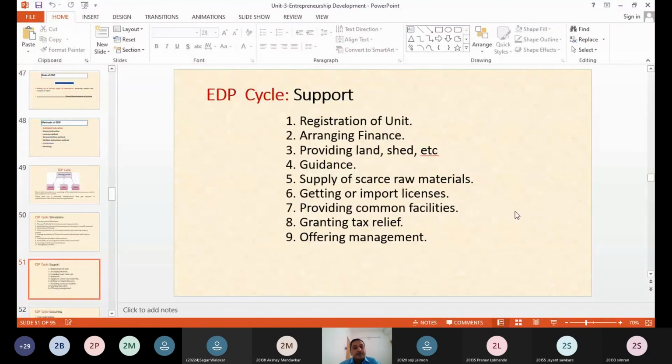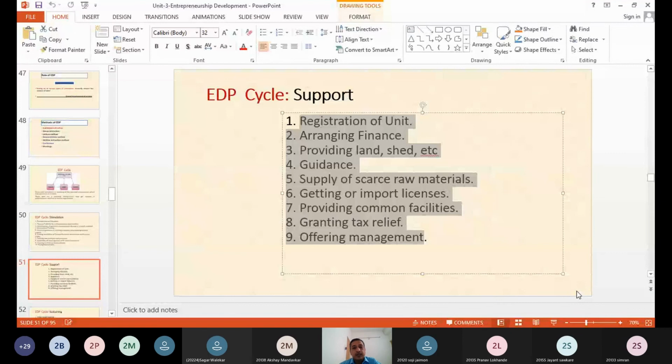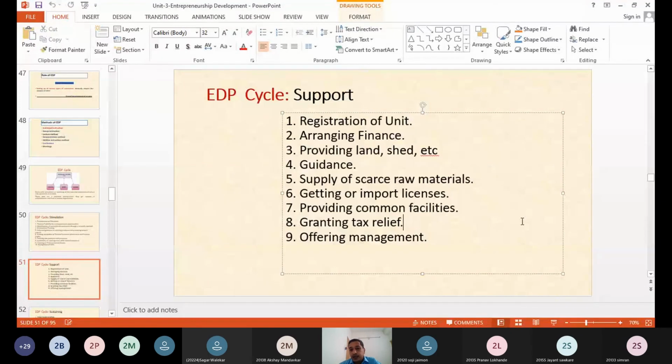They are given guidance on how to start the enterprise, supply of scarce raw material, getting an import license, providing common facilities, granting tax reliefs, and offering management. All support related to these initial aspects required for an enterprise is provided in the support phase.